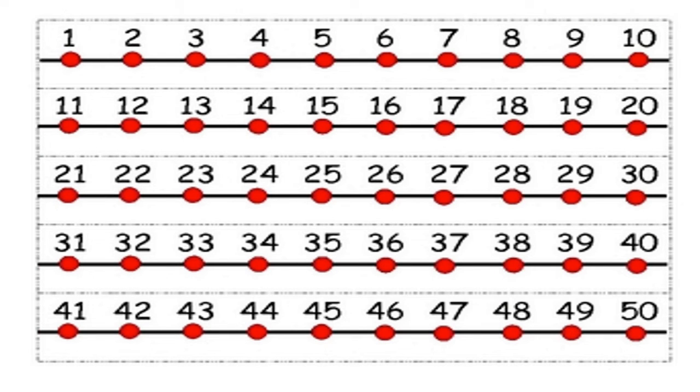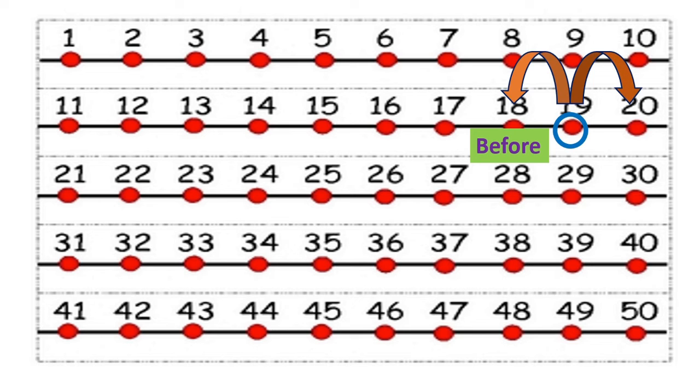Now here also we will select some numbers and we will try to find out the before and after number, means neighboring numbers. See 18 before number of 19 and 20 is after number of 19.